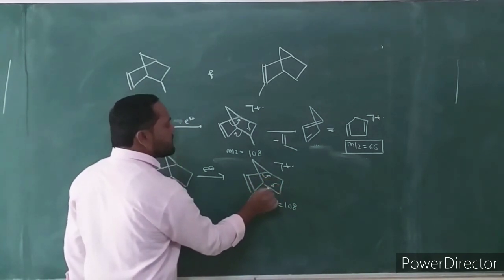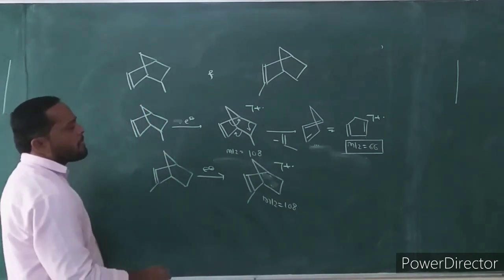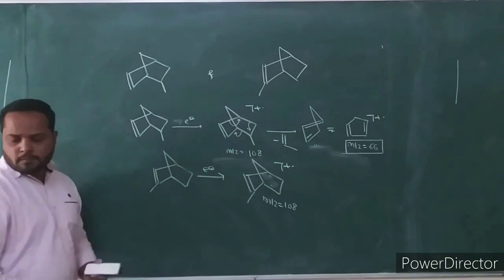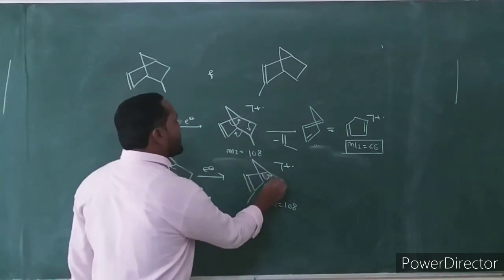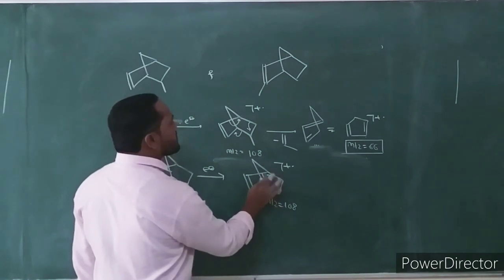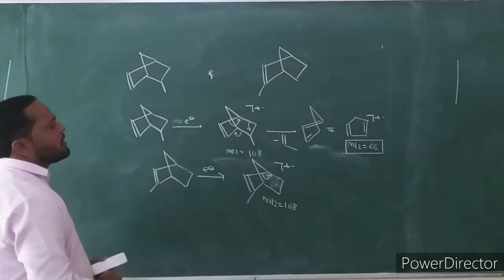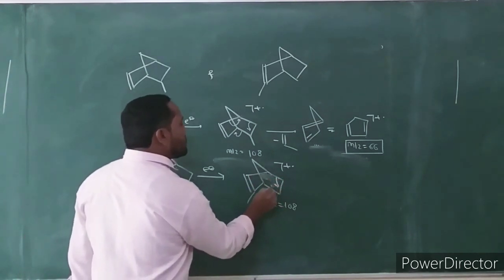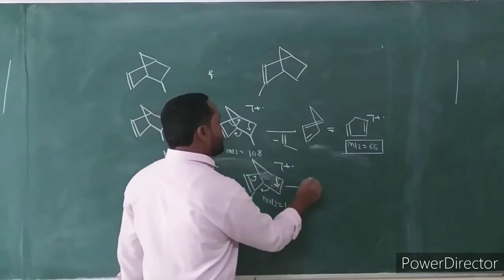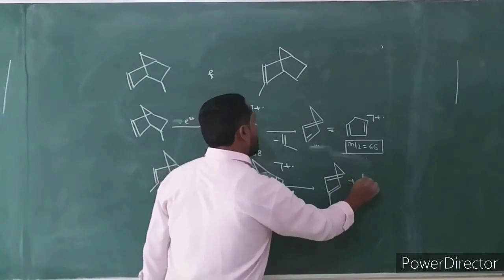Then it undergoes retro-Diels-Alder fragmentation to produce this fragment ion with loss of ethylene.